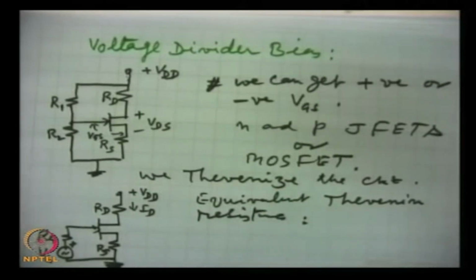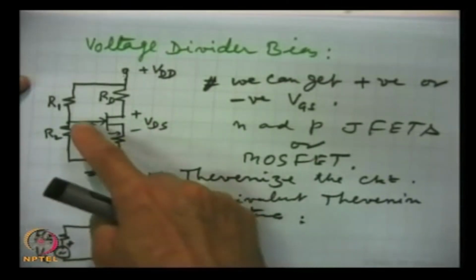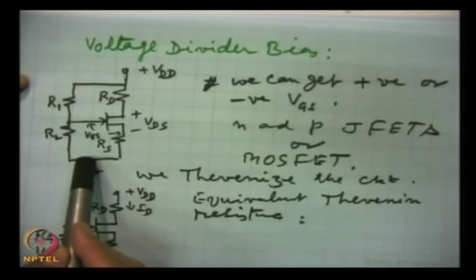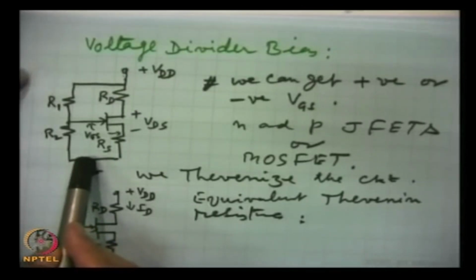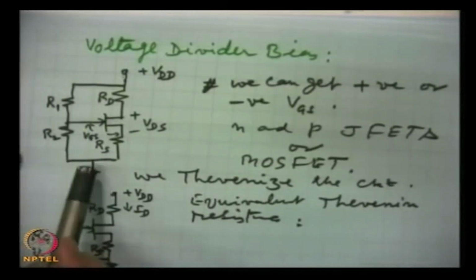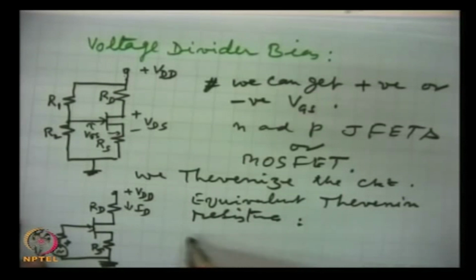Just to remind you that by applying Thevenin's theorem we can find out this resistance, and for this resistance this DC source is to be grounded. Now what is the equivalent resistance between these two points, between this and ground? So that is to be determined. Now once we ground this terminal also, then this is like this.